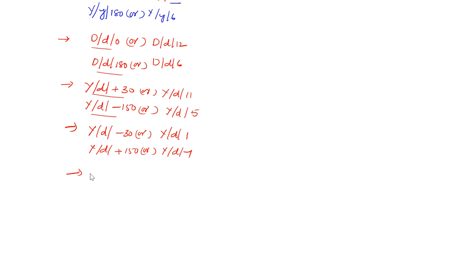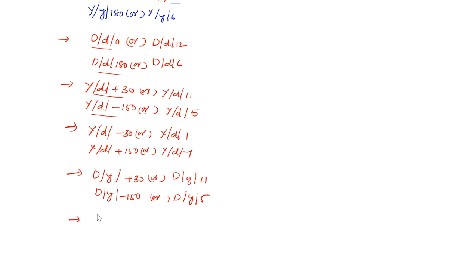Next one, delta is the primary winding and star is the secondary winding, which will have a phase displacement of plus 30 degrees, or in terms of clocks we can write it as Dy11. This connection can also be rearranged as Dy minus 150, or Dy5.